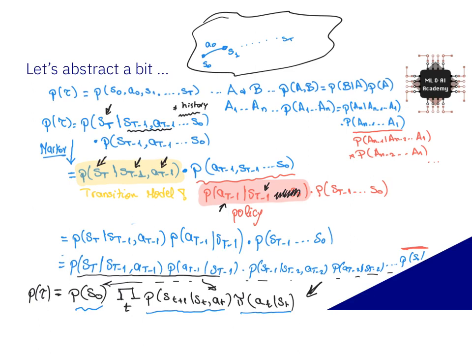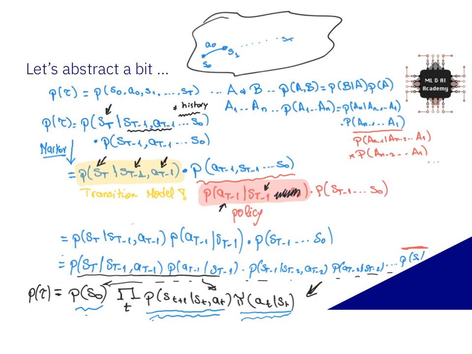So you start at some place, then you pick the action according to your policy that takes you to your successor state, s_{t+1}, given s_t and a_t, dependent on this product over time itself.